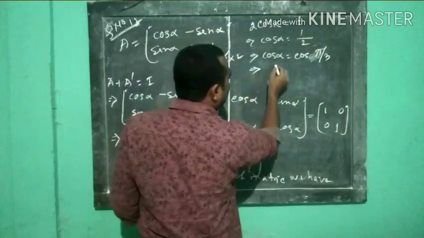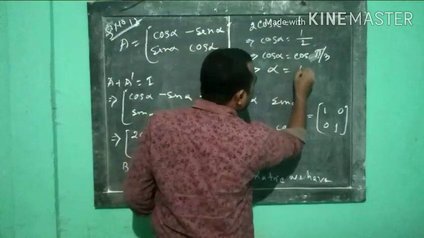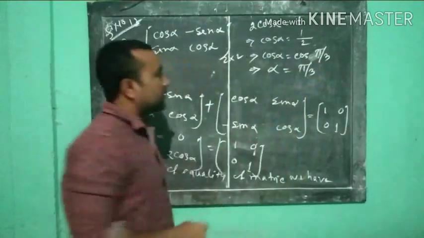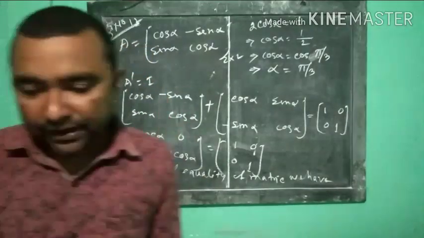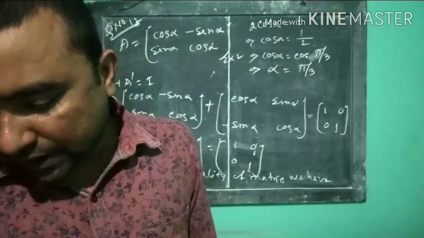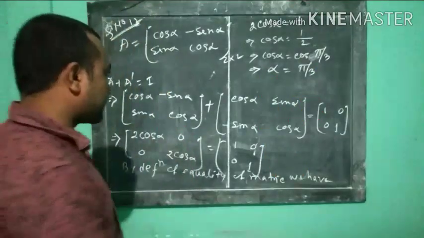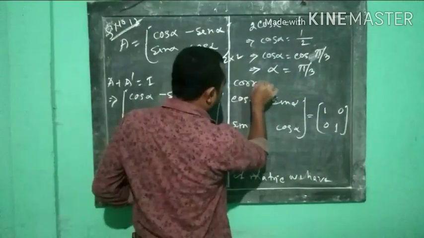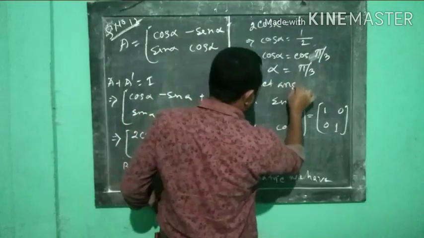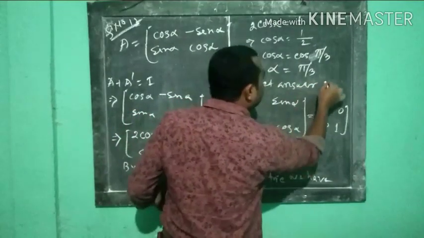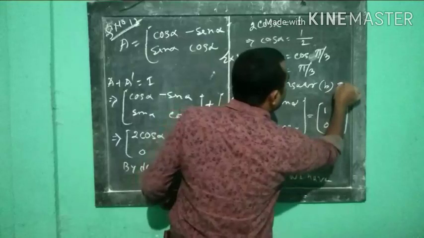So cos cancels out, and we get alpha equal to pi by 3. So our correct answer is option B, pi by 3.